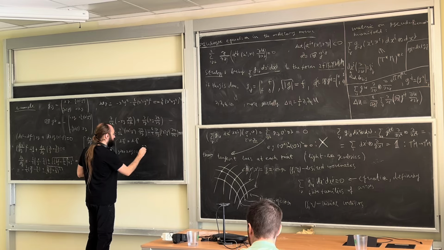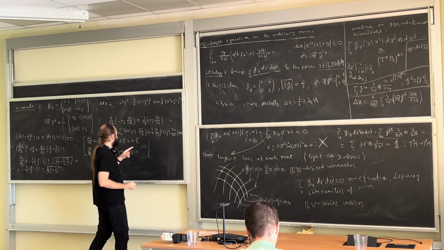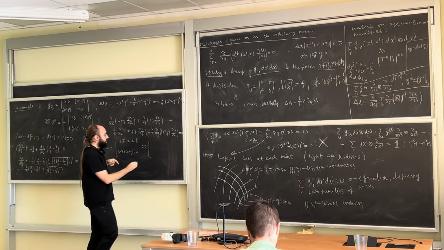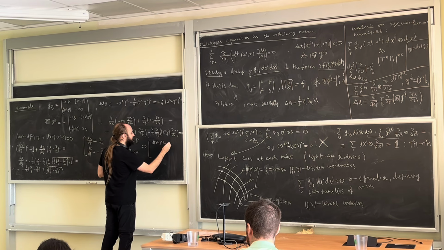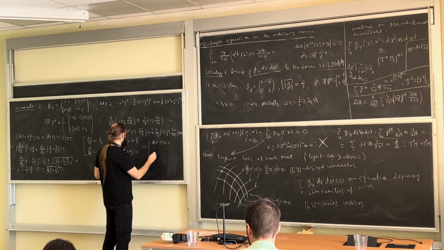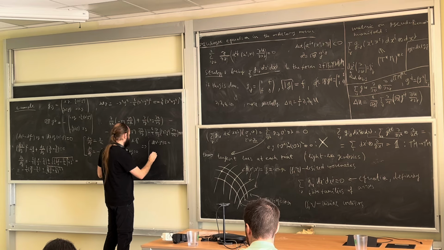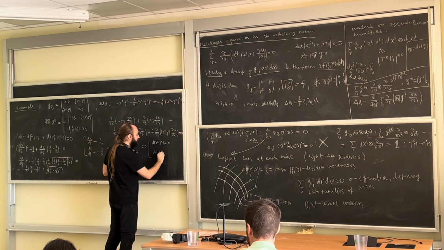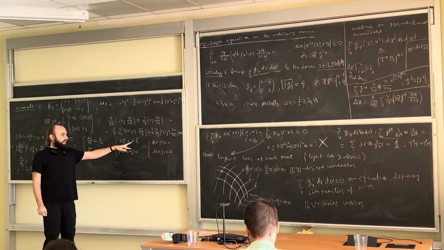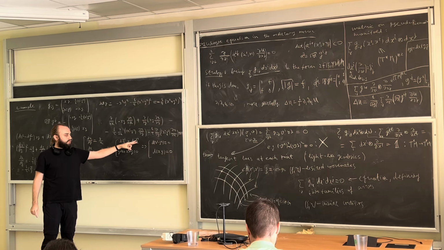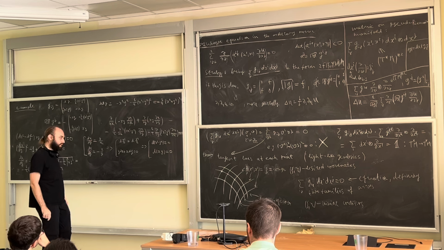So this equation tells that d of (x squared minus y squared) equals 0. This equation tells that d of xy equals 0. So they both tell that some function should stay constant.